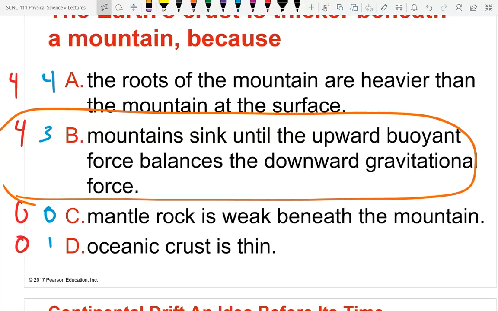But to get the same downward force, you're going to have the total weight of the thickness of continental crust the same as the total weight of the thickness of oceanic crust. Ocean is more dense, so it doesn't have as much height to get that total weight. Continental is less dense, so it has to have more height to get to the same weight. But it comes down to you have to have the equilibrium, the isostasy, between the upward buoyant force and the downward gravitational force.